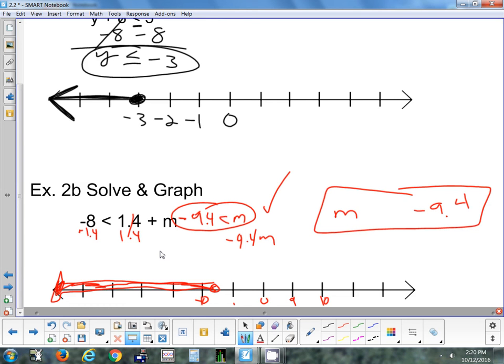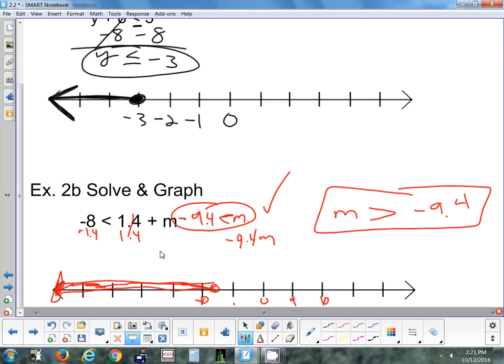Towards the negative 9.4 or towards the m? What was it pointing at originally? It's pointing at the negative 9.4, so it still has to be pointing at the negative 9.4. If you want to switch the letter and the number around, you need to flip the sign.